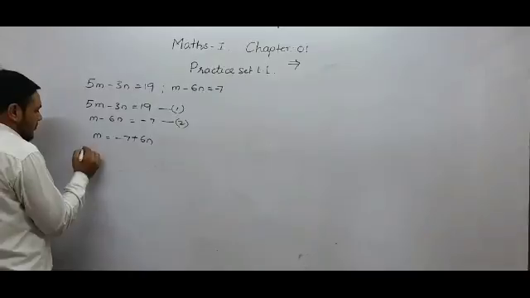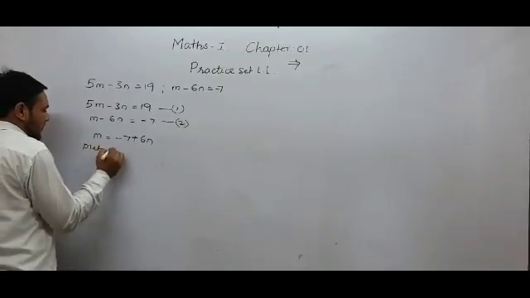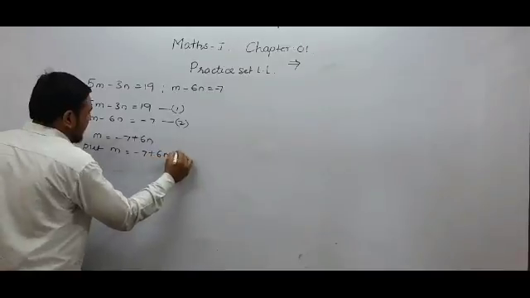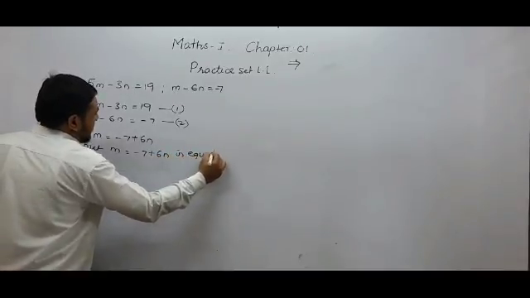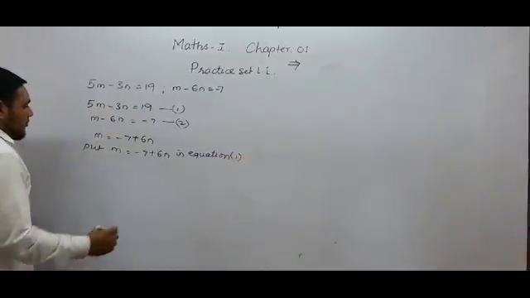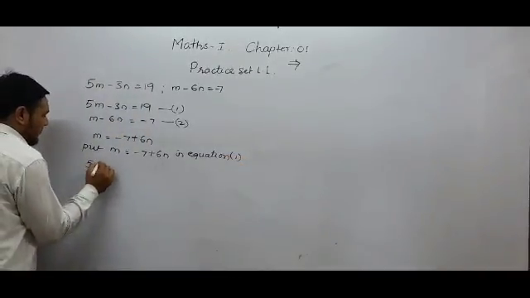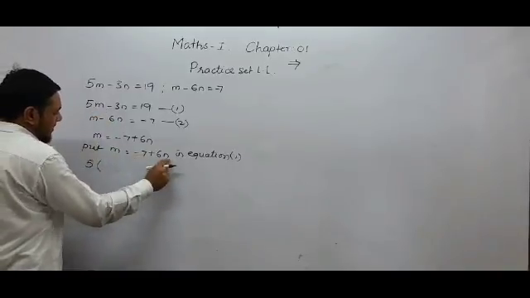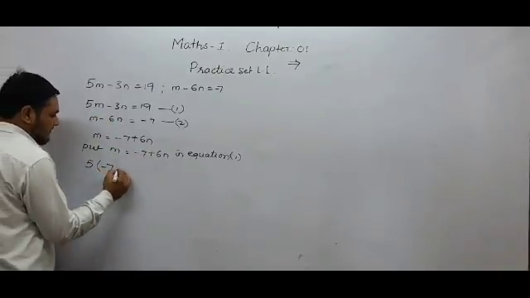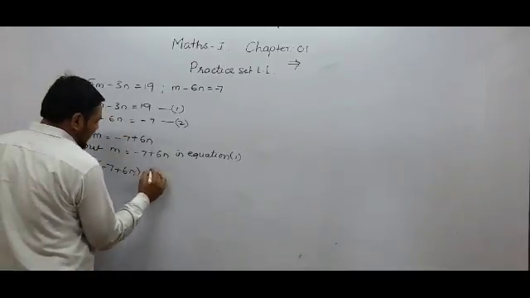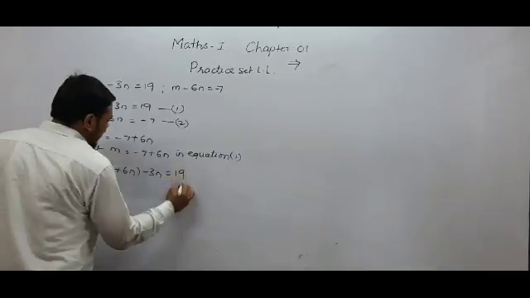So now put m equal to minus 7 plus 6n in equation 1. So what you will get, let's see: 5 in the bracket, here it is m. So instead of m we will write minus 7 plus 6n, and this minus 3n will be as it is, equal to 19.